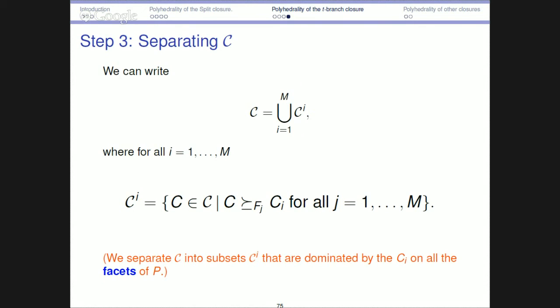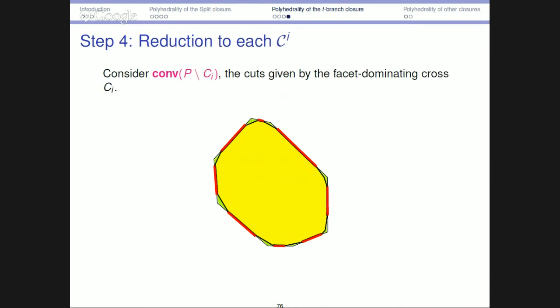So now, if we want to find a dominating subset for C, we can do it by finding a dominating subset for each CI. And since these are finitely many, then we'll find a finite set of dominating crosses at the end.